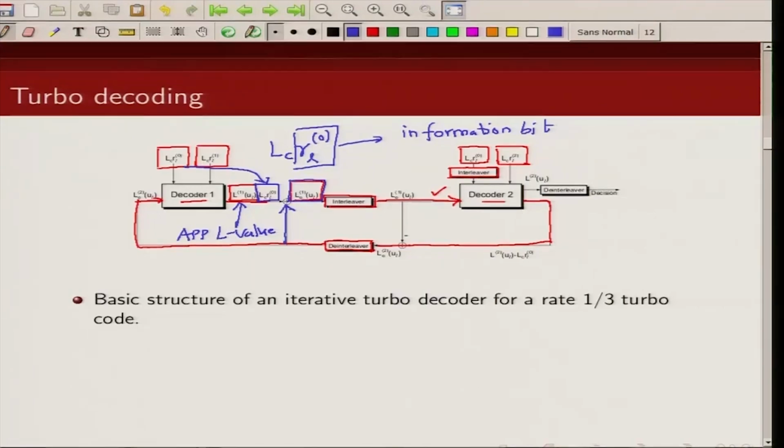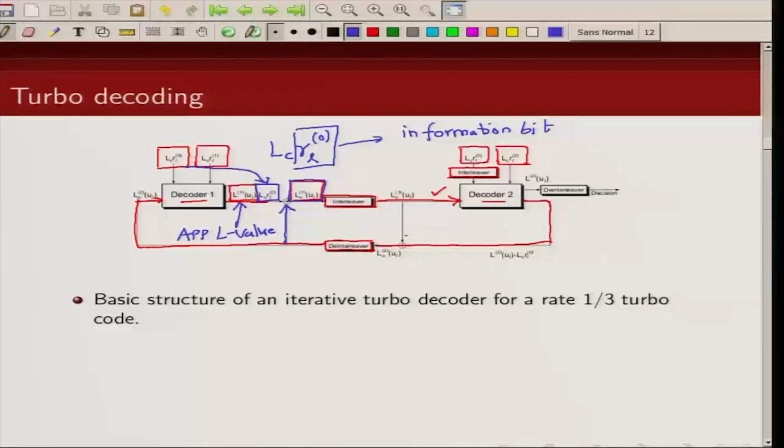You can think of it as some additional information about the information bits that has been derived from the structure of the convolutional encoder. And how am I computing this extrinsic information? From the APP L value, I am subtracting the contribution of the received channel bit, I am subtracting the contribution of the a priori value.